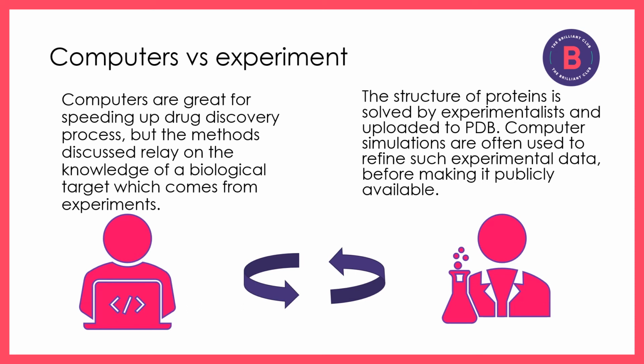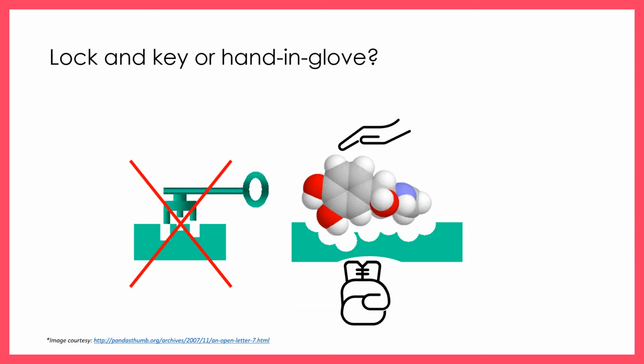It is the combined effort and collaboration between computational and experimental scientists that make the process of the drug design and development possible. One example of how computers complement experiments is their ability to simulate how proteins move around.